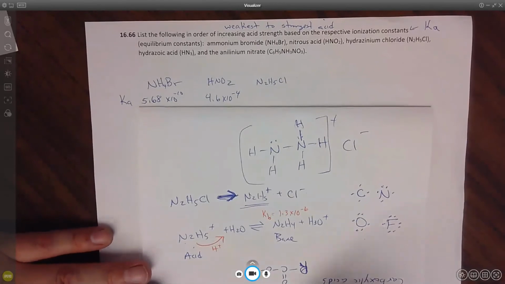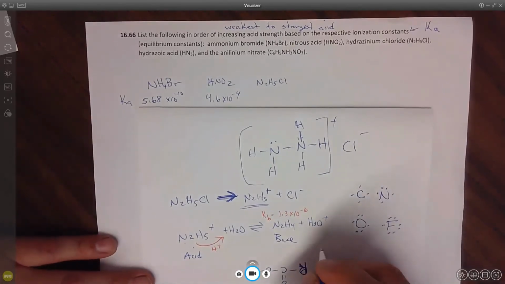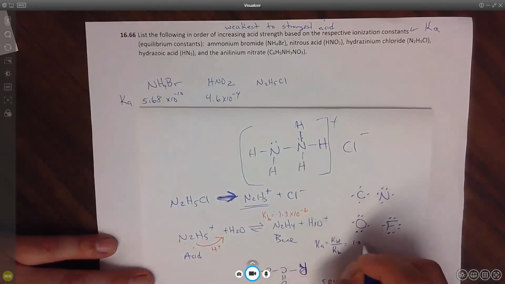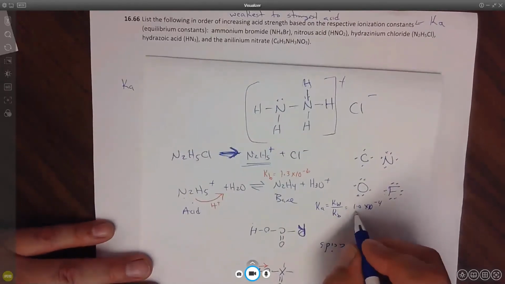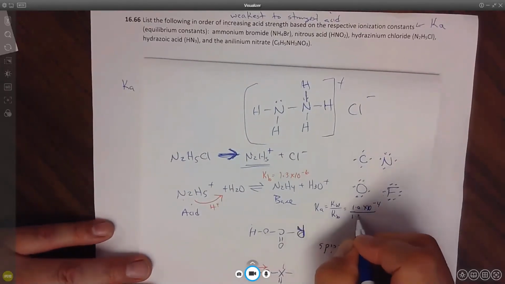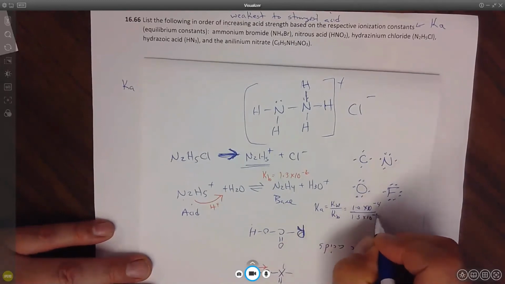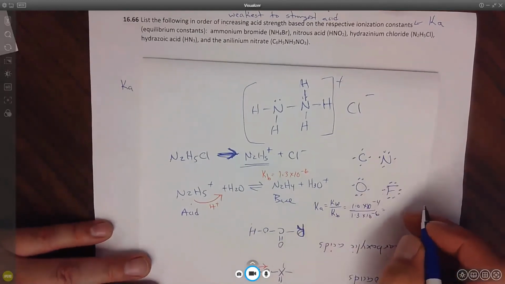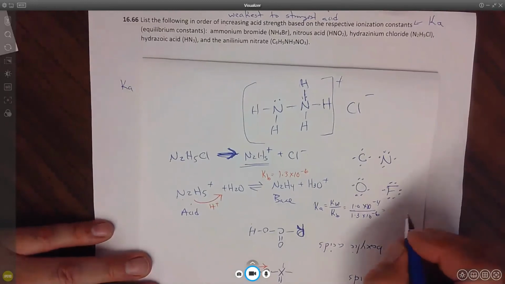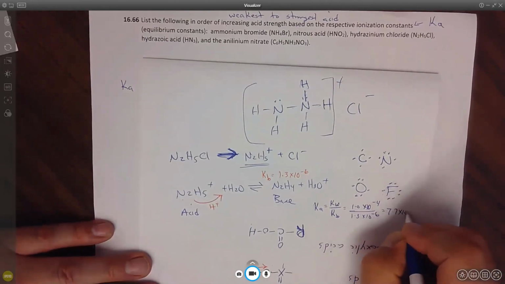Again, I'm going to use that idea of Ka times Kb equals Kw. So Ka is just Kw over Kb. That's 1.0 times 10 to the negative 14 divided by the Kb of 1.3 times 10 to the negative 6. That'll give us a Ka of 7.7 times 10 to the negative 9.